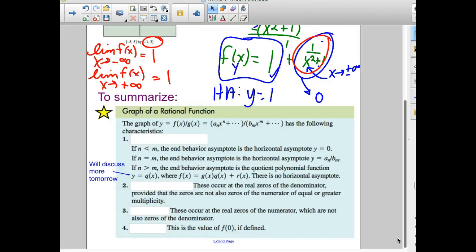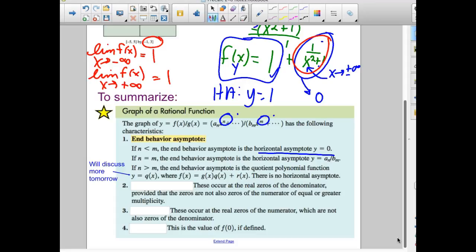characteristics of our rational function. Our end behavior, which is this limit description that we've been doing. The first statement says, if n is less than m, well, what are n and m? N is our degree on top, m is our degree on the bottom. They're saying, if the top degree is smaller than the bottom, we have a horizontal asymptote at 0.